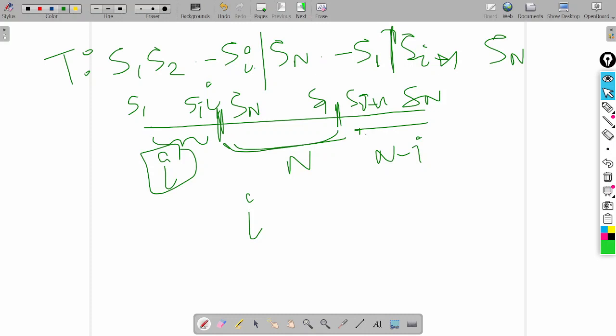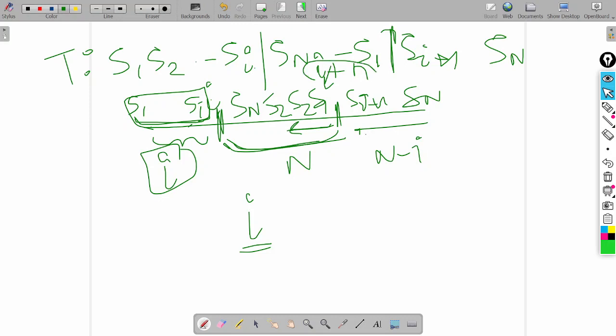If we are fixing i, then we need to check whether this middle part is correct or not, because if we know the middle part, then we can build our t. So we have to check if s1 to si is the same as this string. If we read from the back, s1, s2, up to si, we can easily get its index: if we are at index i, then its index is i plus n.